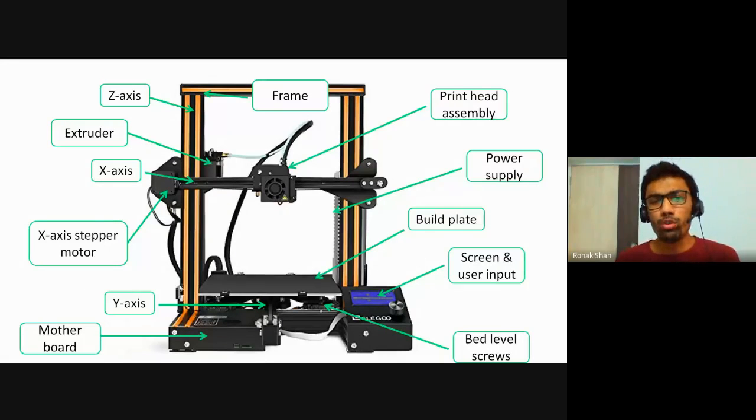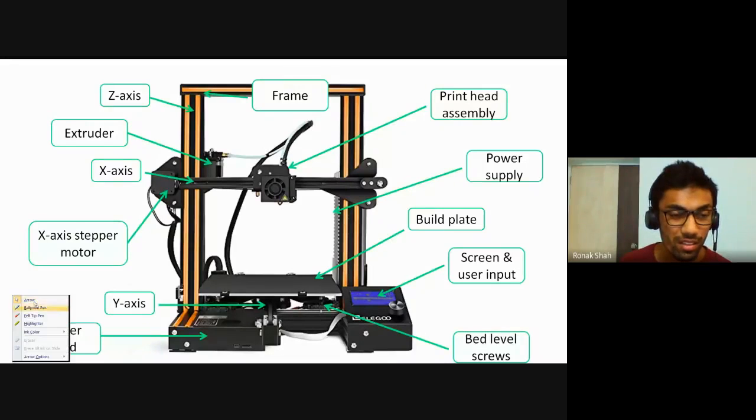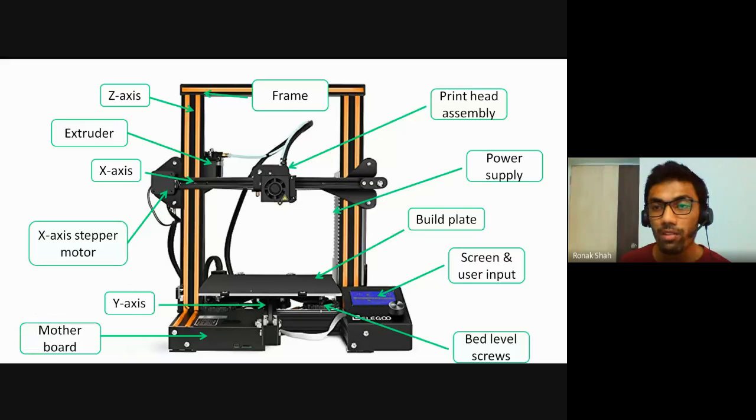Most of the parts that I will be showing here are available across all FDM based 3D printers. It has a motherboard where all the firmware for interpreting the G codes and controlling the tool path is taken care of. There is a power supply unit. So you have this motherboard and the power supply unit.